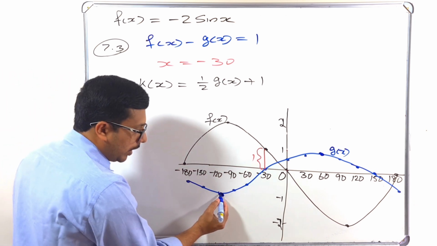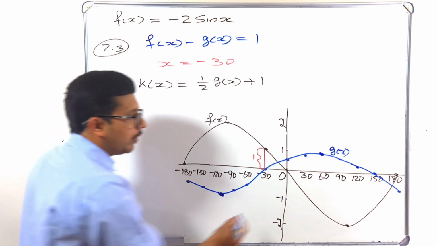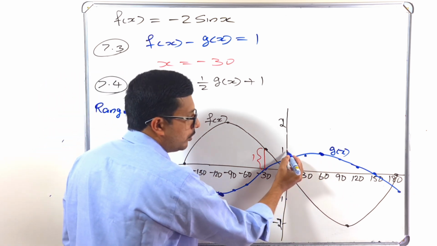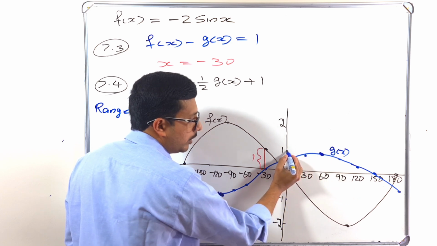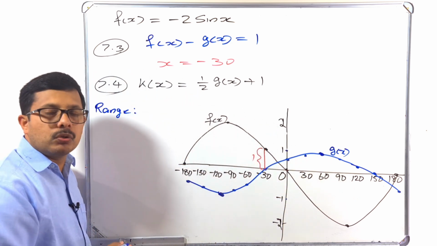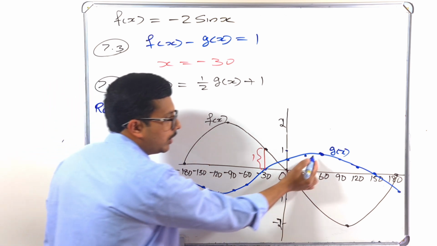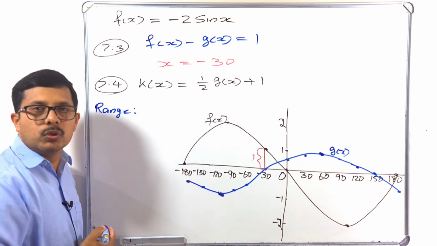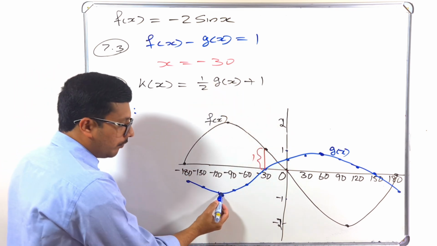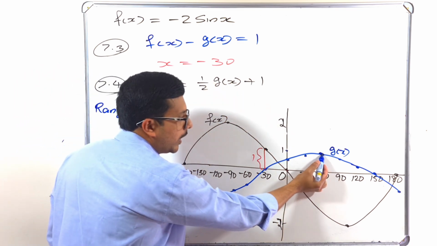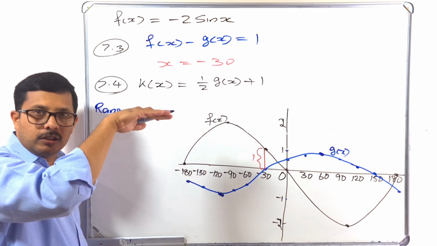So at this point, the minimum y value is minus 1. At this point, the maximum y value is positive 1. So for this g of x graph, the minimum y value is minus 1 and the maximum y value is positive 1, or it lies between minus 1 and positive 1.